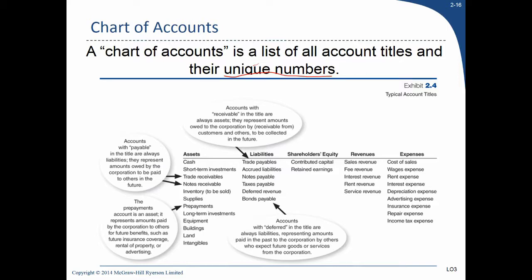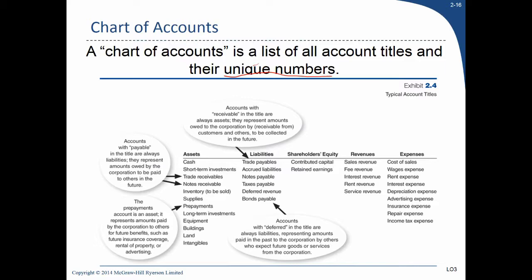That's like you having the same student ID as someone else, or the same email as someone else. Doesn't make sense. You can't have the same bank account as someone else. Everyone has a unique identifier so that the bank knows it's you. Waterloo knows it's you. The accounting system works the same way. Every account needs to have a unique ID.